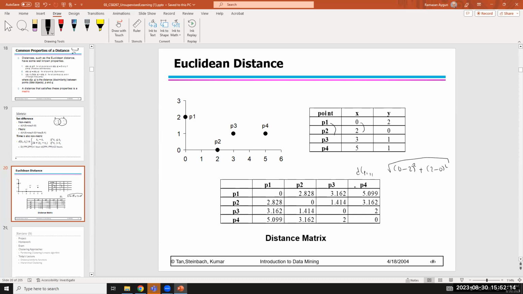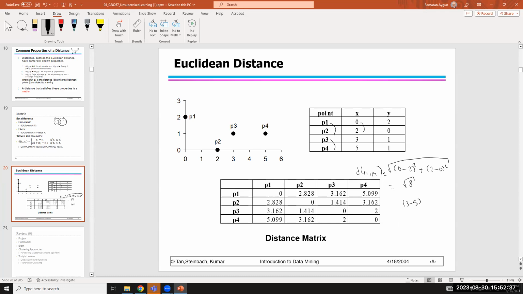That gives the distance from P1 to P2. So that's one case. So you can also do it for 2 and 3, or 3 and 4.